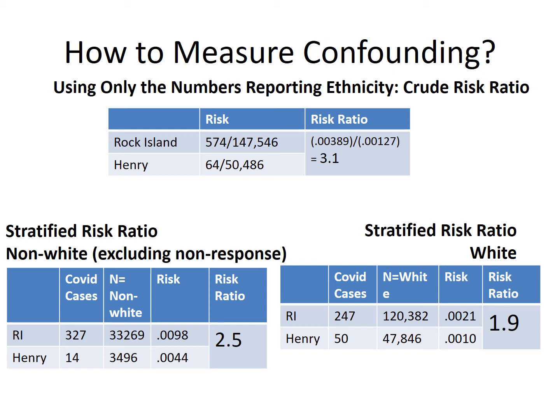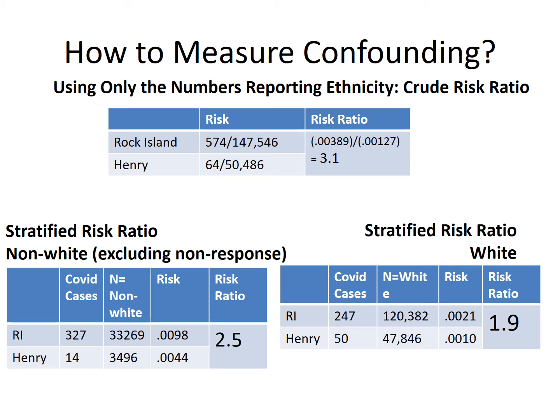So if we add the white and non-white categories together, for Rock Island County, you get 574 instead of 715. So we're missing a lot of people there. And in Henry County, we're also missing some. Originally, there were 70 COVID cases, but once you take into account ethnicity, you have 64. So a lot of people are not replying to that question for various reasons, potentially.